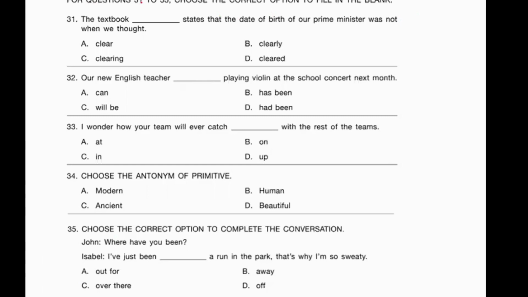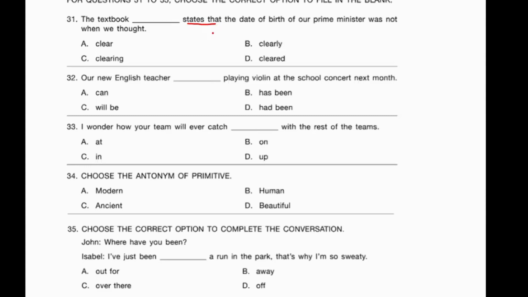For questions 31 to 33, choose the correct option to fill in the blank. The textbook dash states that the date of birth of our Prime Minister was not when we thought. It means the textbook is doing some action. It is stating. So how is it doing it? That word should be an adverb that describes the action.